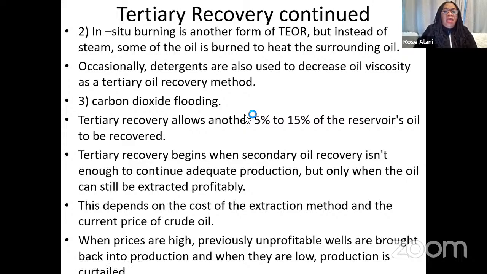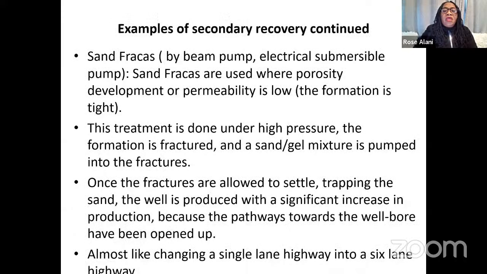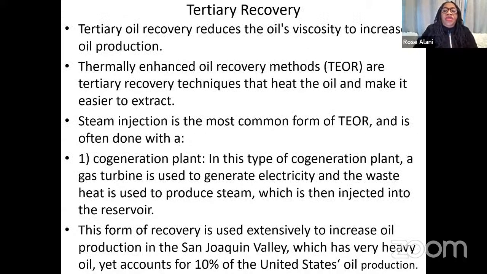So now we have tertiary recovery method. This is a method that is used to reduce the viscosity of the oil so as to increase the oil flow.